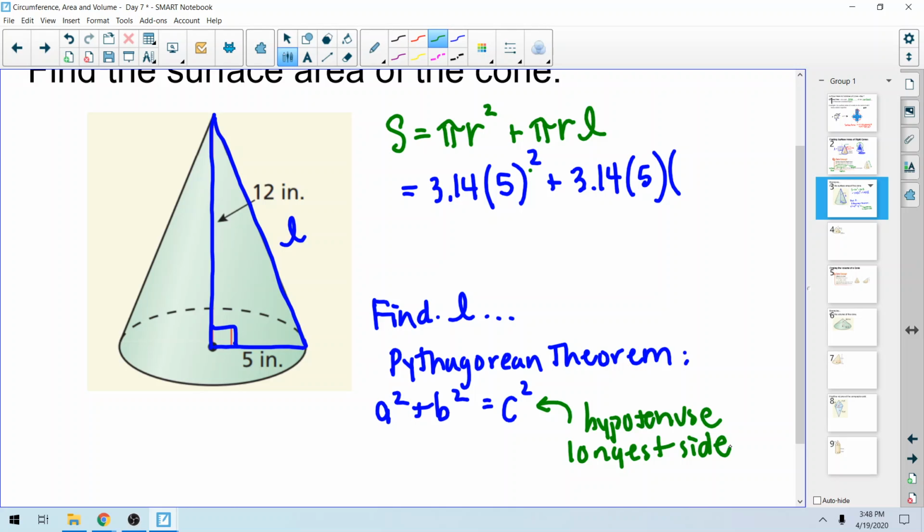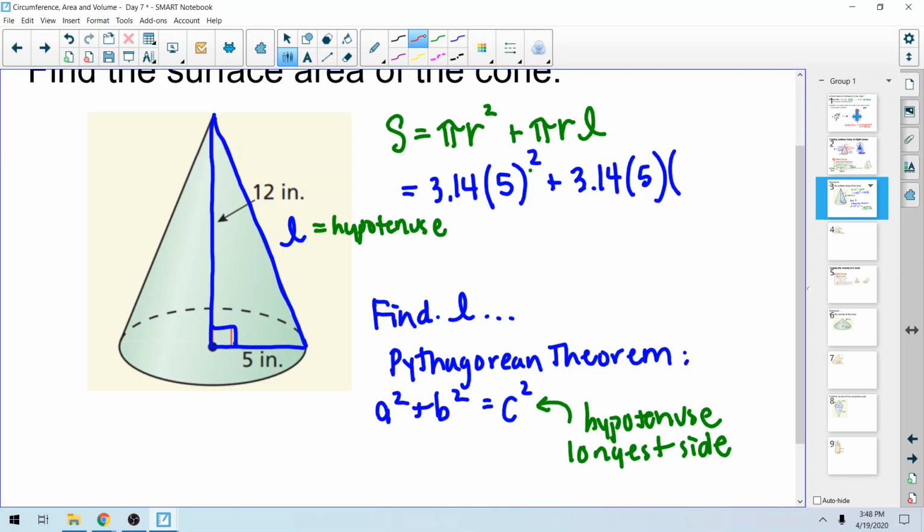I hope you're thinking, well, that's the L. So this is your hypotenuse, which means the other two sides, the 5 and the 12, are going to be your a and b. It doesn't matter which one you pick. 5 can be a, 12 can be a, those two are interchangeable.